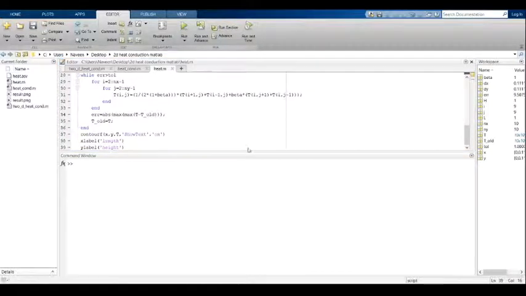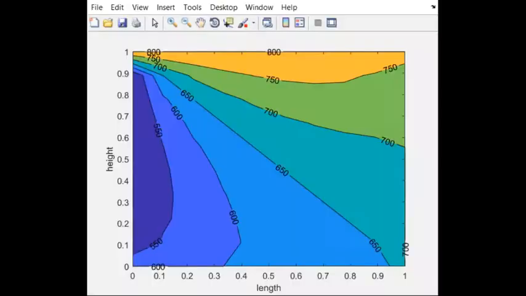Now we'll see how it will look. Before that we don't have any numbers at the contours, so now we can see the numbers 550, 600, 650 like that. Another observation is we have given 600 at the top, but it shows 800, so we have to change this direction.